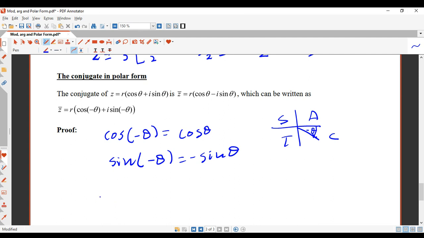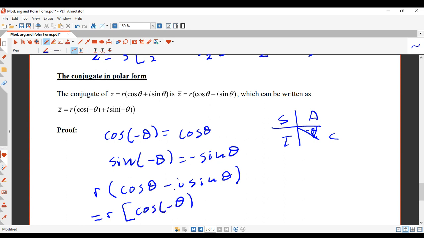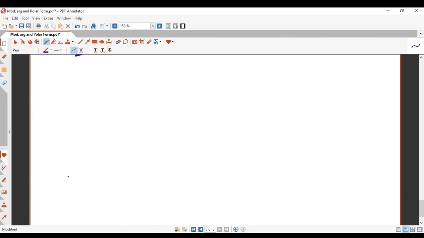So that means I can write r cos theta minus i sine theta as r, then cos of minus theta, and now minus sine theta is just sine of minus theta. Okay, so that's it, and that's the conjugate. All right, so that's how we can write the conjugate. And that's our lesson for today.